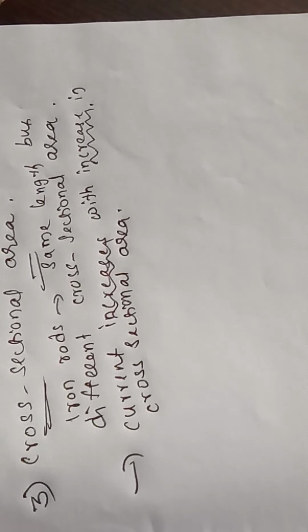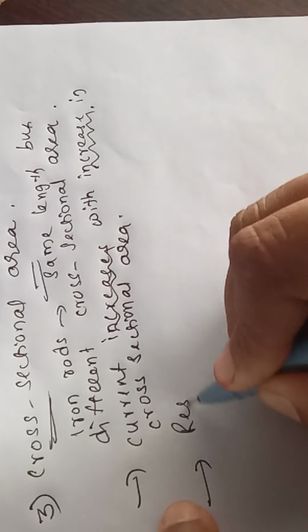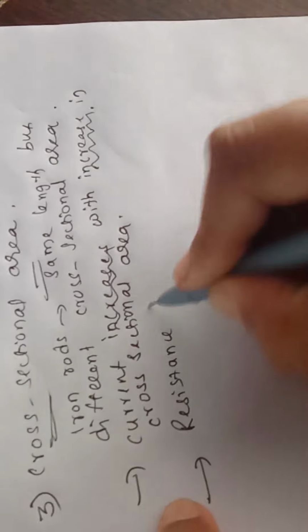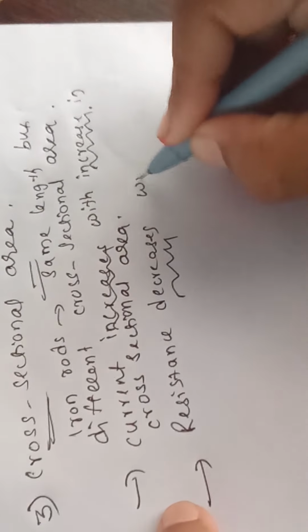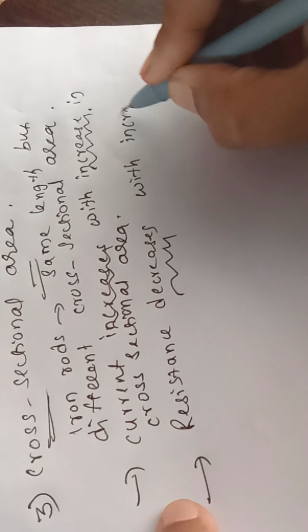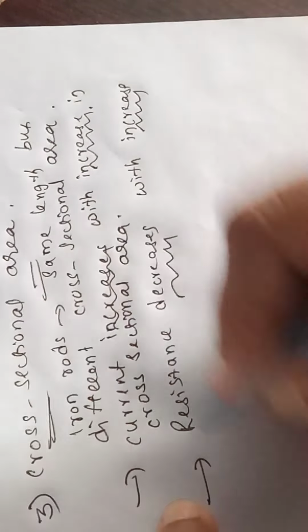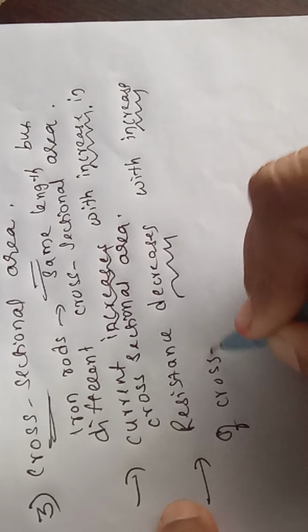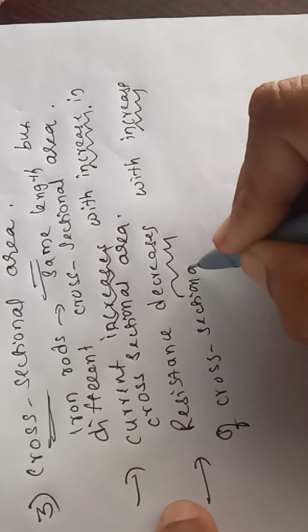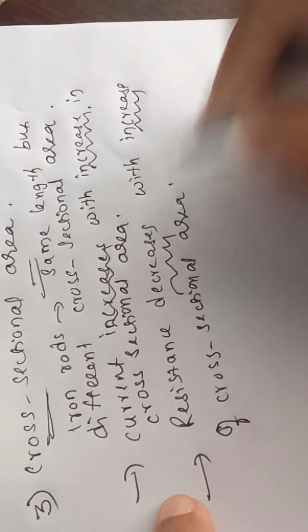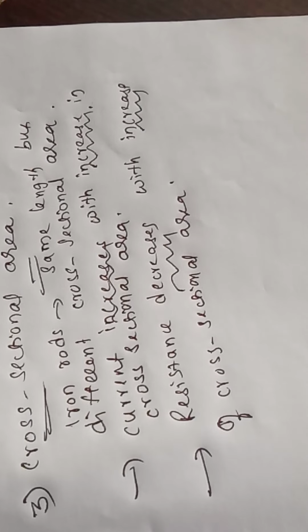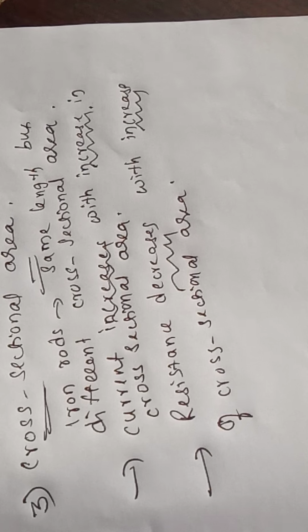So current is increasing with increase in cross-sectional area means nothing but resistance decreases with increase of cross-sectional area, right? Means as area increases, resistance decreases.